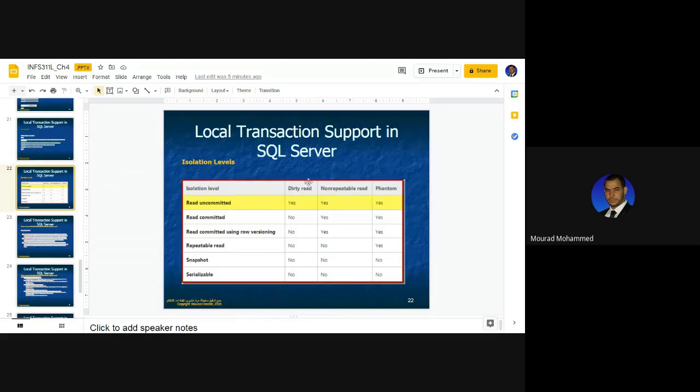The issues here, the dirty read, the non-repeatable read, the phantom read, are cases that database-based projects may face. Not all of them, but take the example of the DUA during the registration period, where everybody is using the same resources inside the database at the same time: the students' profiles, transcripts, majors, courses, timetables.